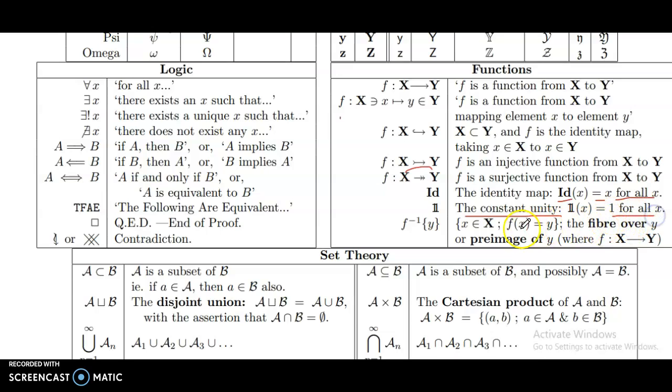Whenever this symbol comes, it means 1 for all x. Here ID of x equals x, not 1.